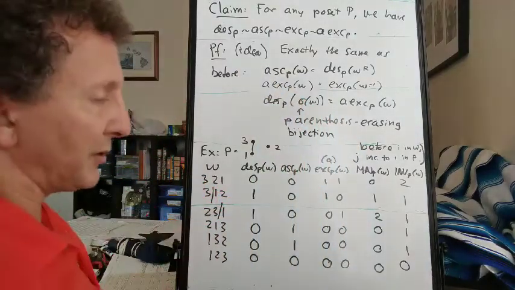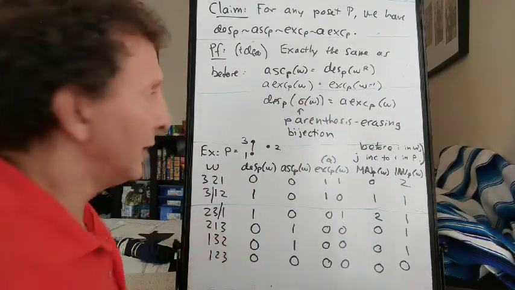So remember, we have to write the permutation in standard cycle notation before we erase the parentheses.